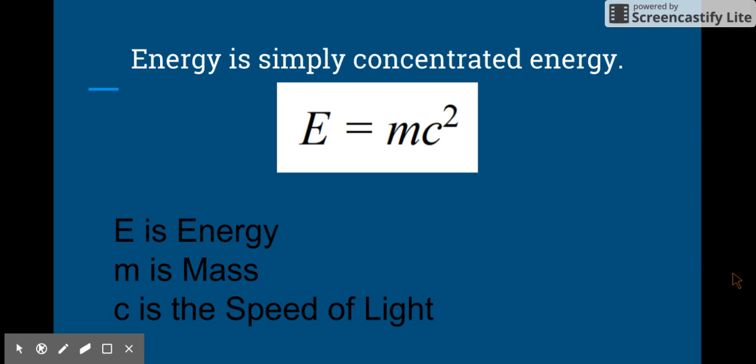The science and math that went into the way Einstein came up with this equation is pretty complicated and hard to follow, but the equation itself is so elegant that it's a great starting point. We don't have to understand everything behind the equation, just what it means. For this equation, E is energy, m is the mass, and c is the speed of light. And then, of course, it's squared, so it's to the second power.